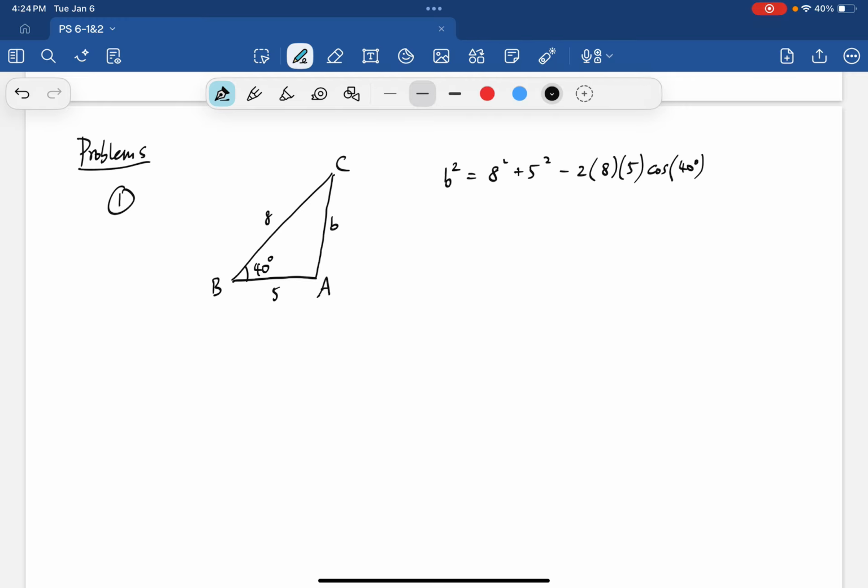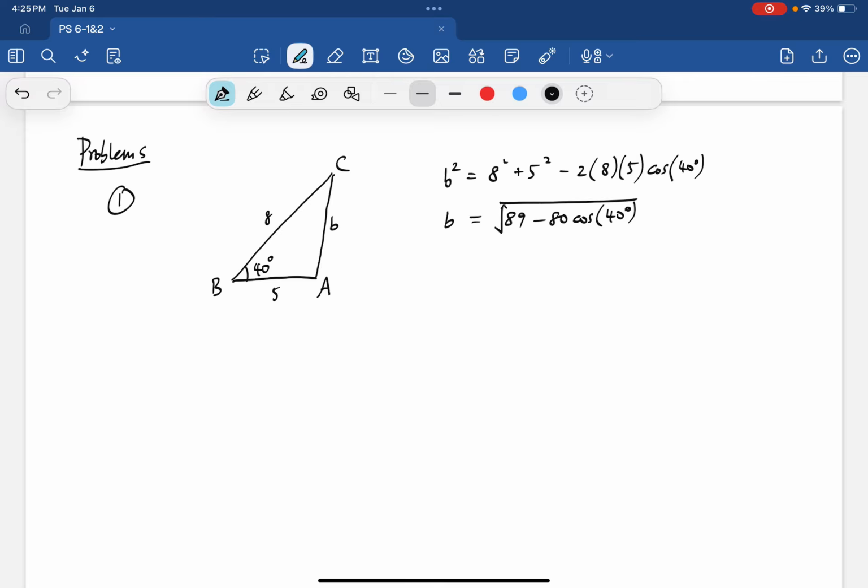That's going to give me b equals the square root of 89 minus 80 cosine 40 degrees. Okay, yeah, I think that's right.